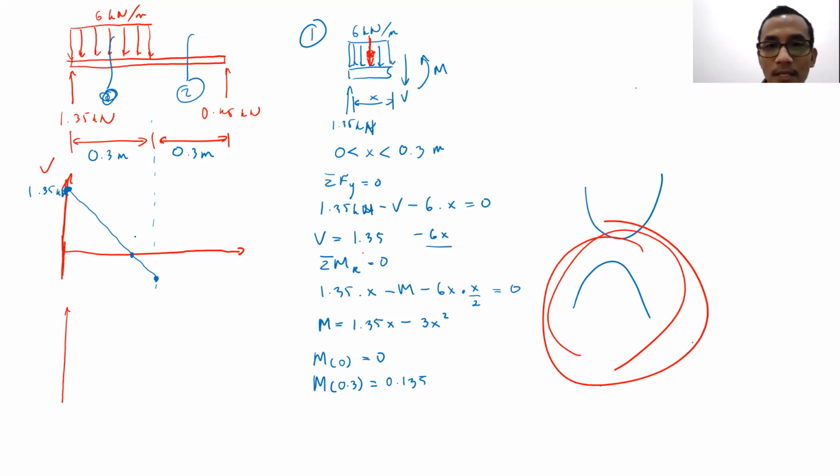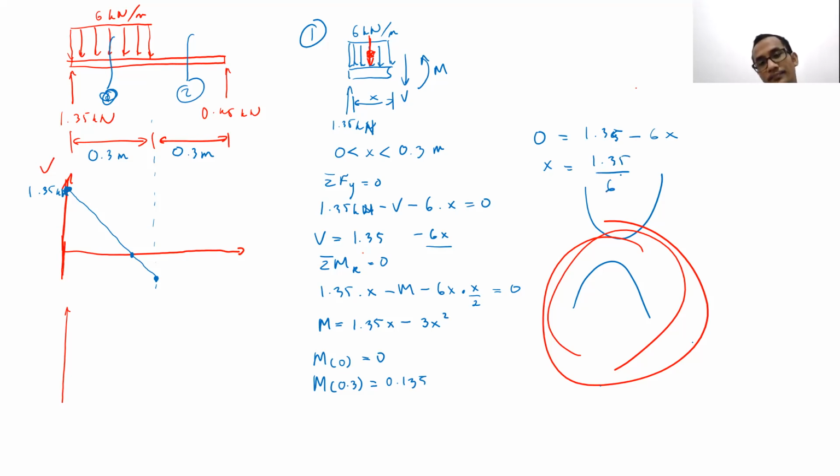So the phi will be equal to 0 when x is equal to what? 1.8 meter minus 6x, right? Okay. So we can try to find the x like this.